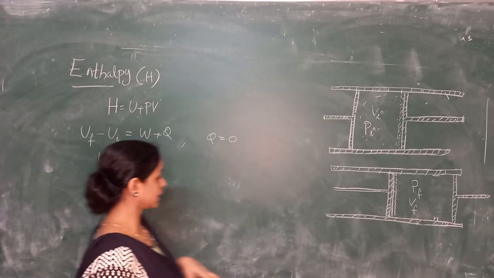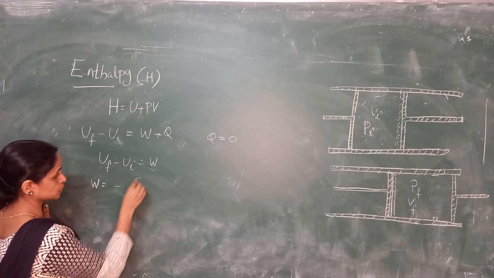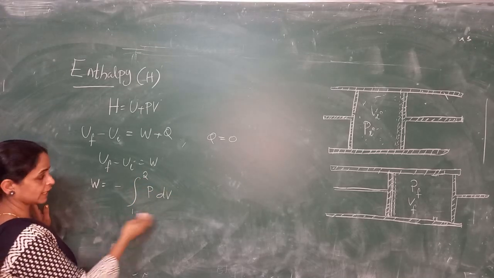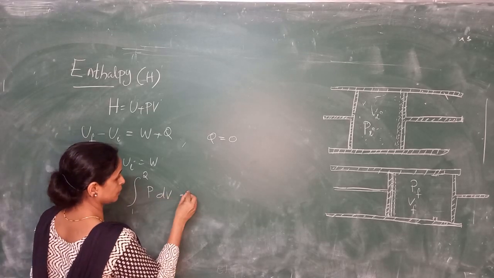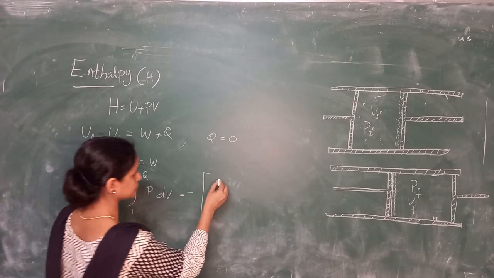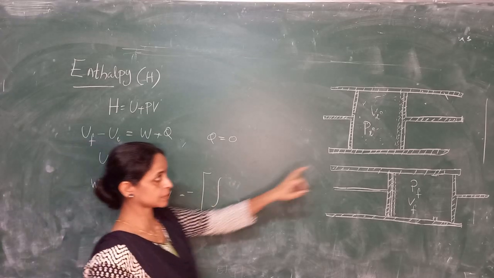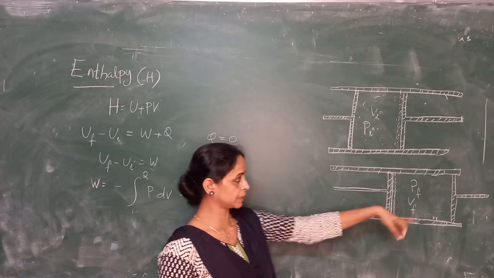So the total work we can represent by minus the integral from state 1 to 2 of P dV. Here we can split this integral into two. The pressure in this chamber is a constant Pi, and the pressure in this chamber is also a constant Pf.